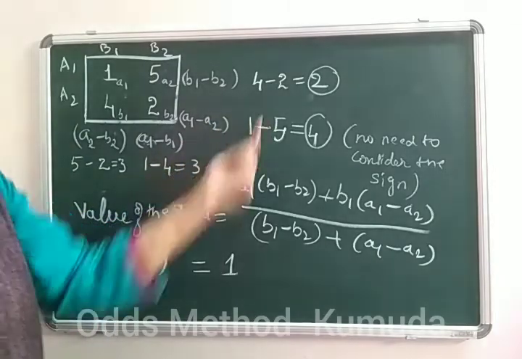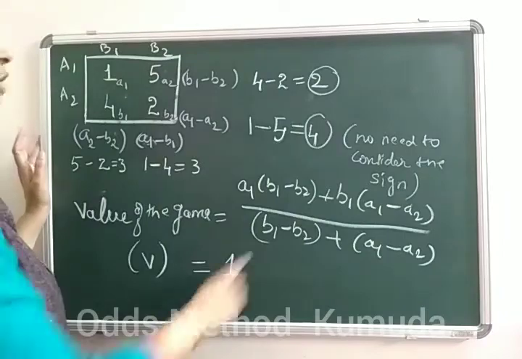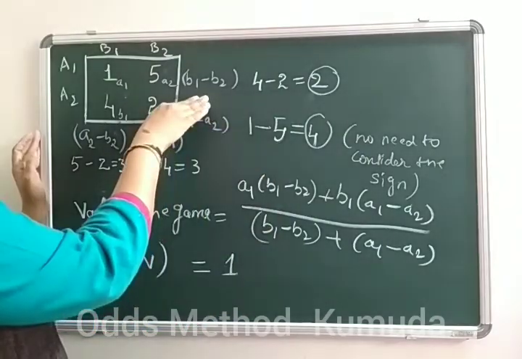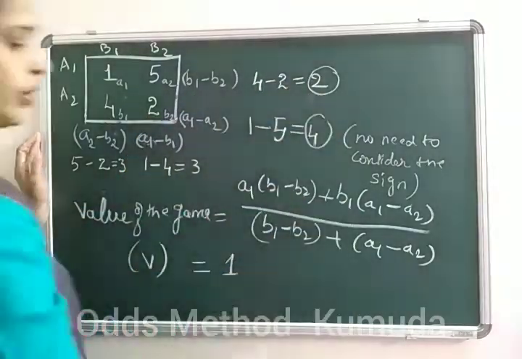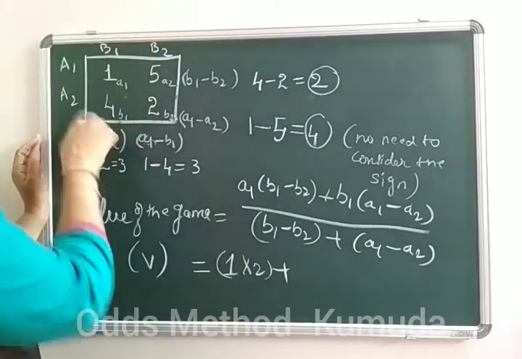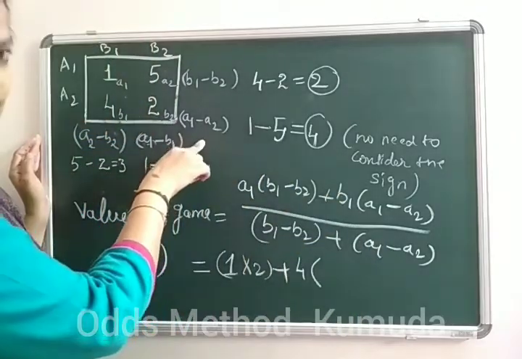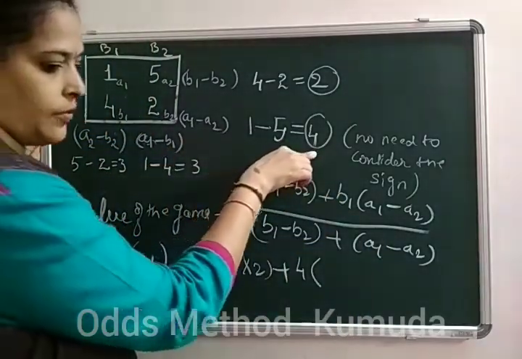But when we are finding the difference, we are not bothered about the actual sign. So A1 into B1 minus B2, we already found B1 minus B2 as 2. So it becomes 1 into 2 plus B1 is 4, correct? And A1 minus A2, we have just found to be 4.